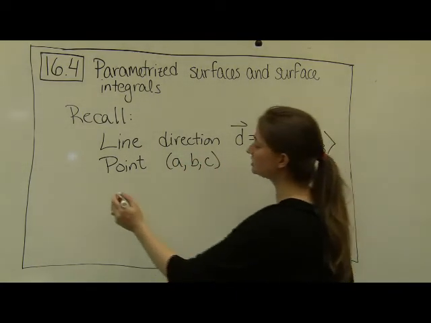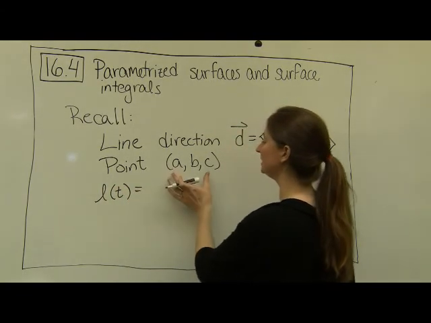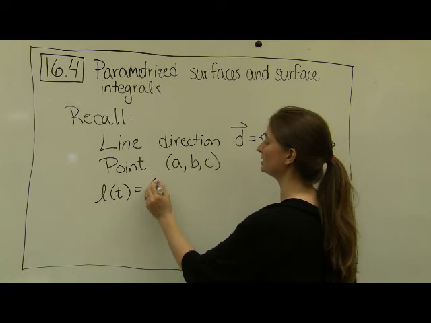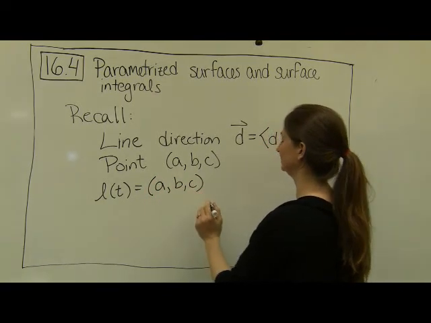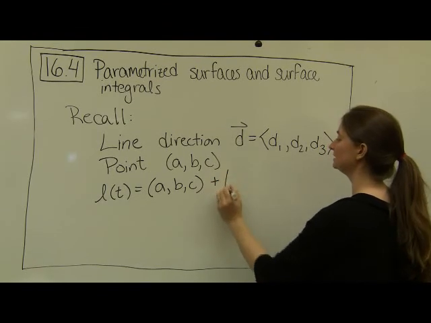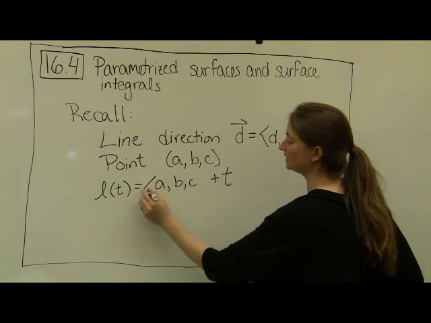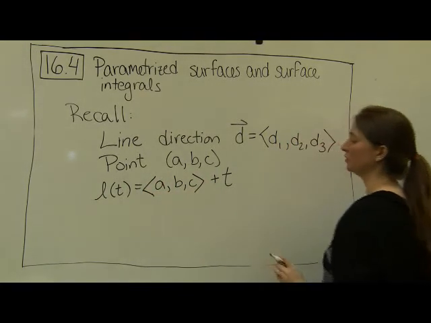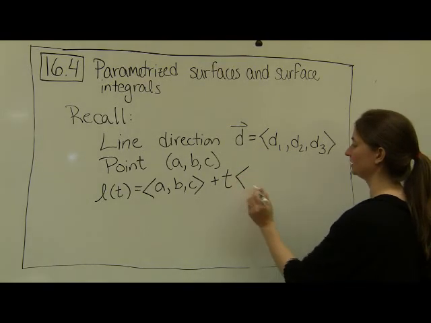And we constructed equations for these lines. Typically we called them L of t, and it would be equal to, just like point slope form, the point ABC plus t times, I should actually be meticulous and represent these as vector outputs. I flip-flop those a little bit, and I apologize.